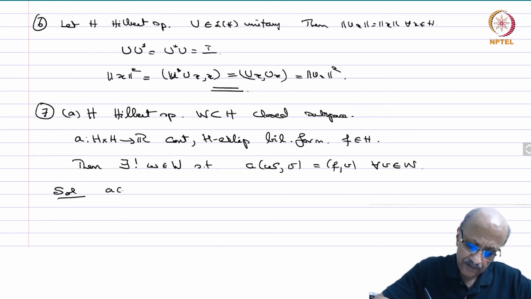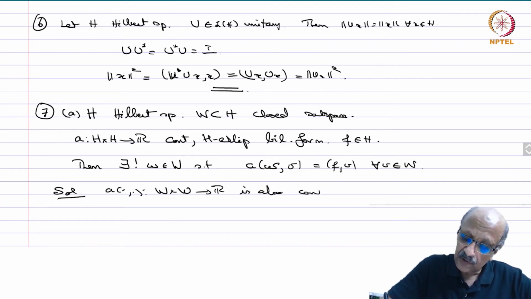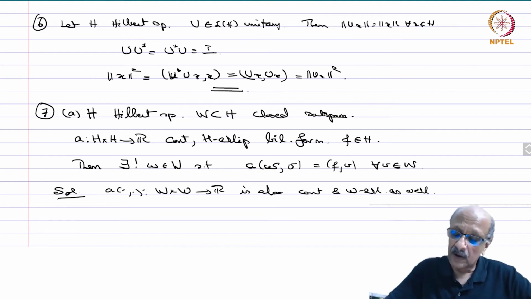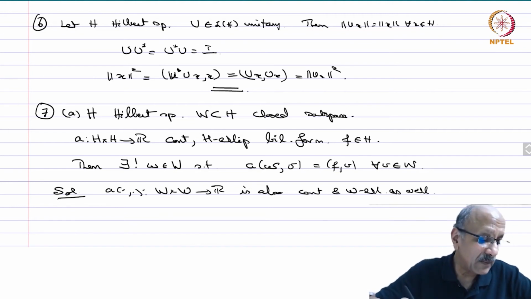So a: W cross W to R is also continuous for the same reason, because it's continuous on H, and W elliptic as well. If it's H elliptic, it's also W elliptic, because that's only a subspace.